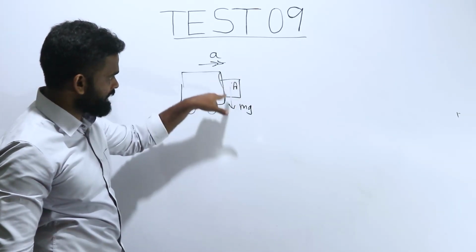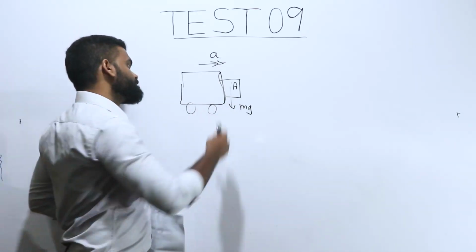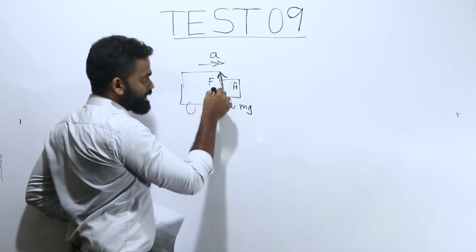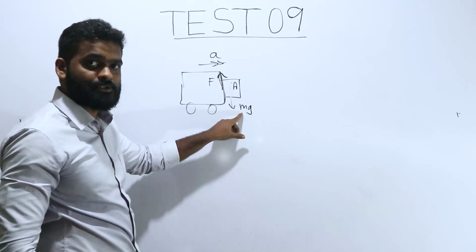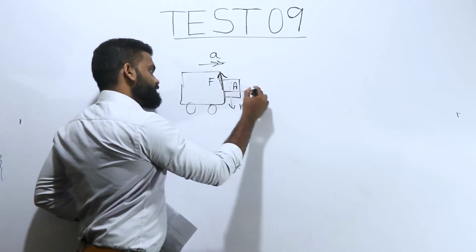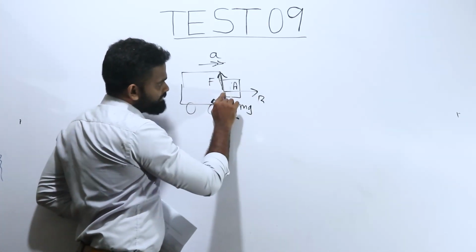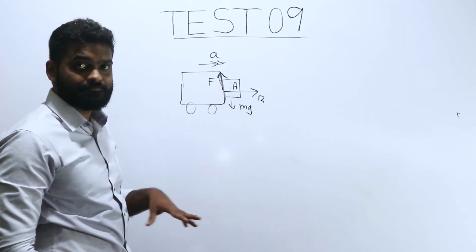If the mass of that capital A is simply M, weight should be mg downwards. Then along this surface, there's a friction acting. This friction should be able to balance out this mg, so it won't slide downwards. Then there's another force. Due to contact here, there's a normal reaction force acting to this side. So those are the only forces acting here.